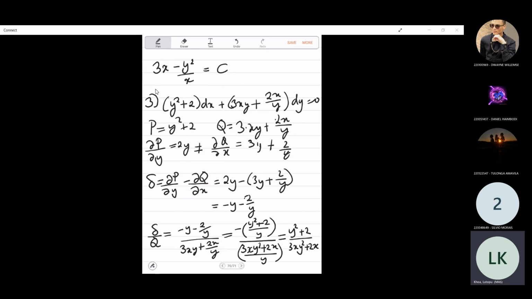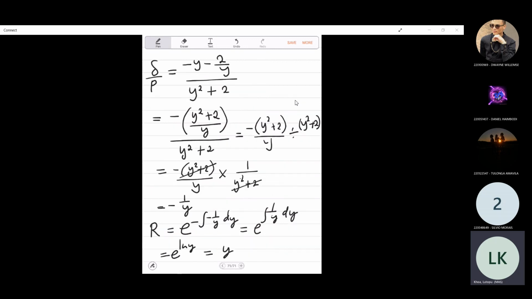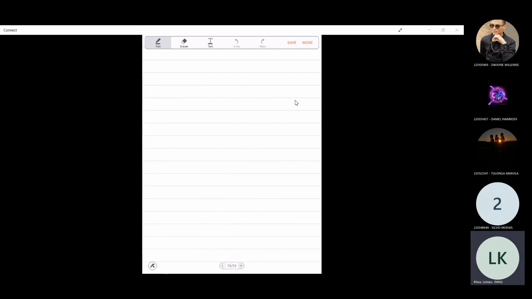I'm going to multiply the differential equation by that integration factor. So doing that, we have y multiplied by (y squared plus 2) dx, y times (3xy plus 2x over y) dy.